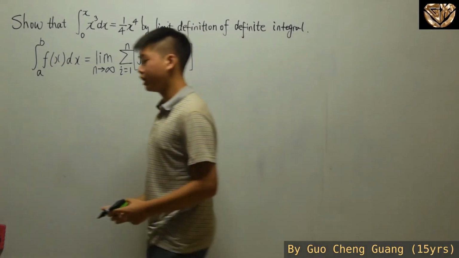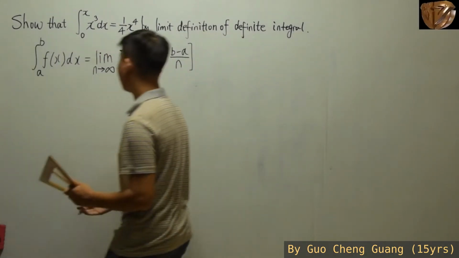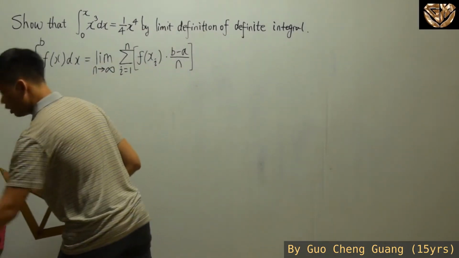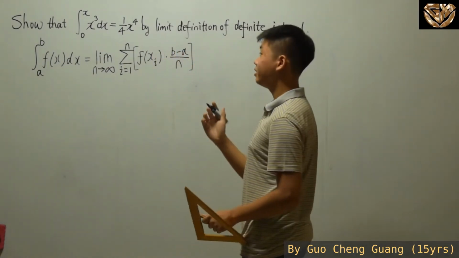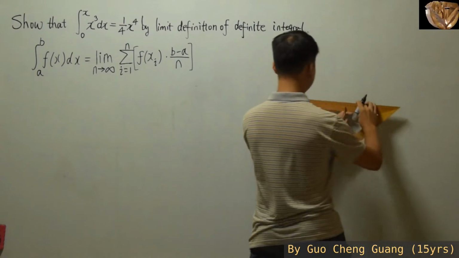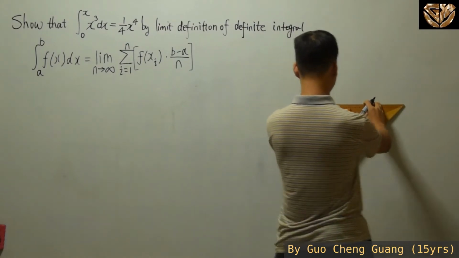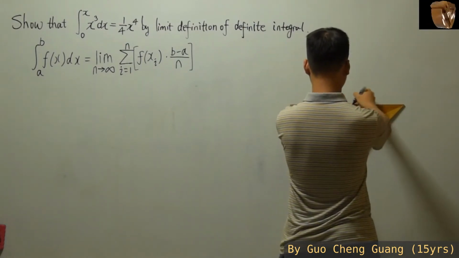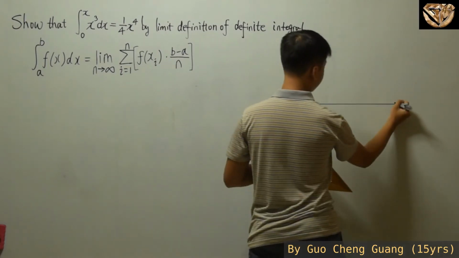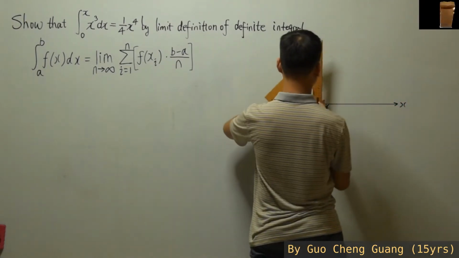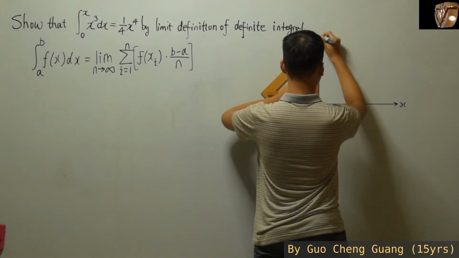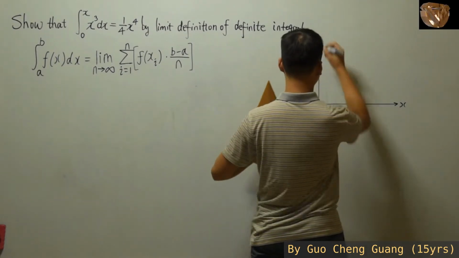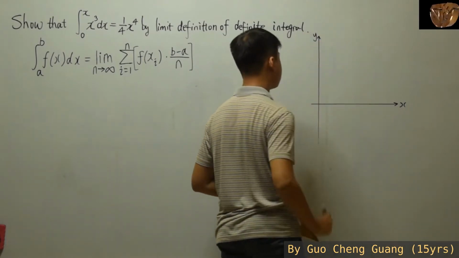Now, we can take a look at how this graph will look like. So we are looking at a graph of y is equal to x cubed. Your x-axis, the y-axis, alright?